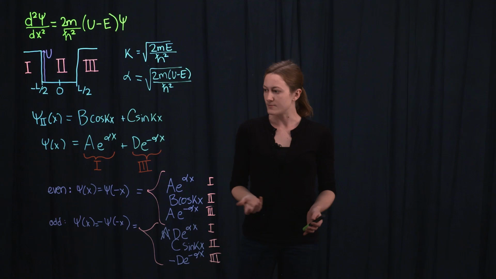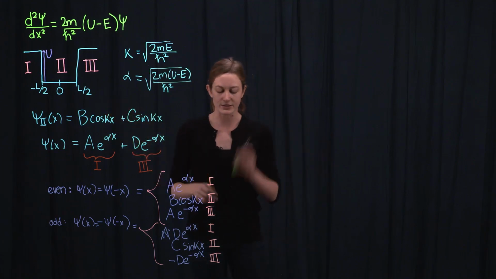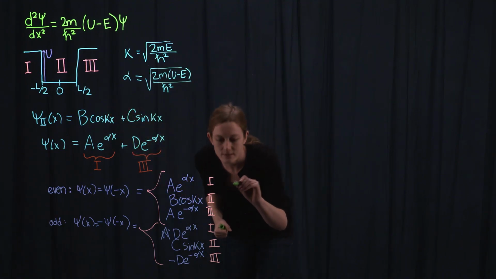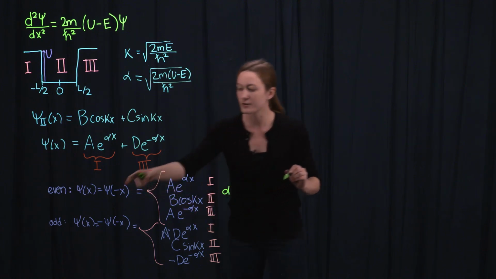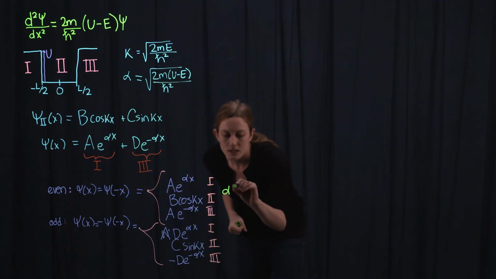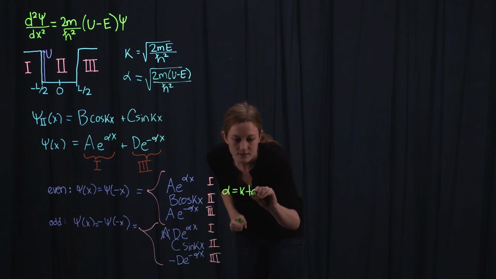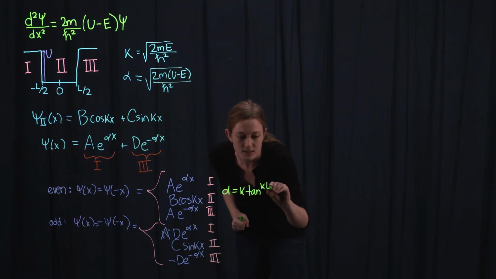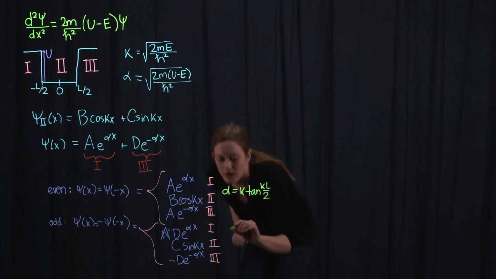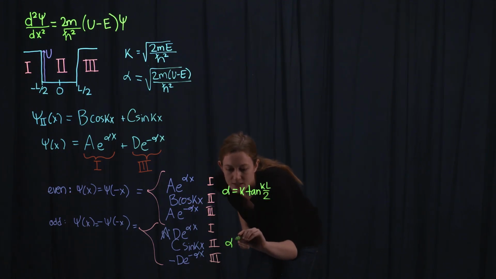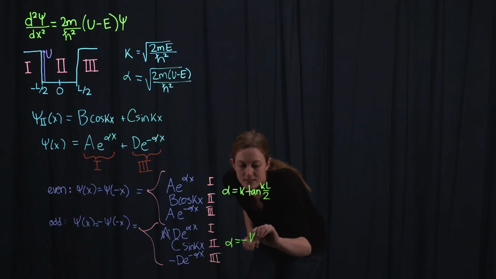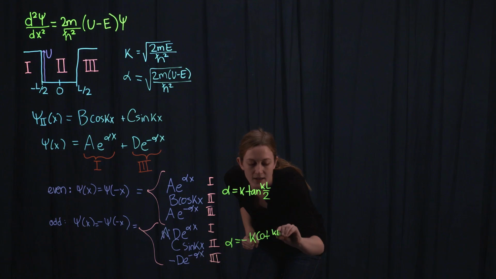Other conditions that come from solving these continuity equations are the following. For the even solutions, we would get alpha equals k tangent of kL over 2. And for the odd solutions, we'd get a similar equation, alpha equals minus k cotangent of kL over 2.